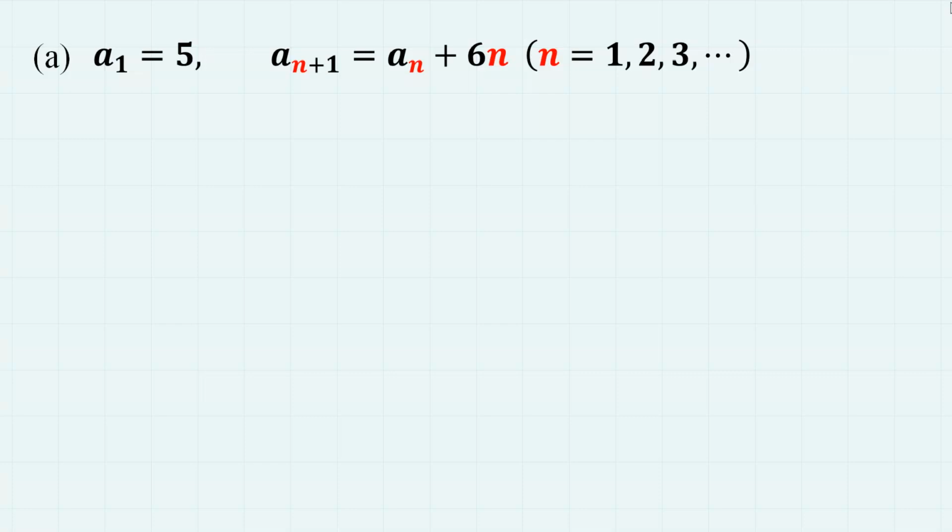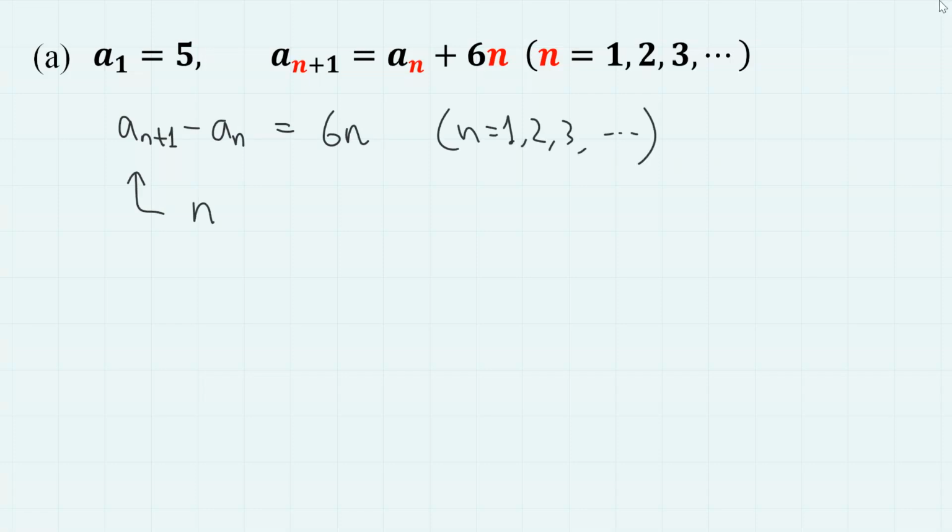For the first one, notice that the difference a(n+1) minus an is given as 6n. Now let us substitute n equals 1, 2, 3, and so on, all the way up to n minus 1 to see what happens.